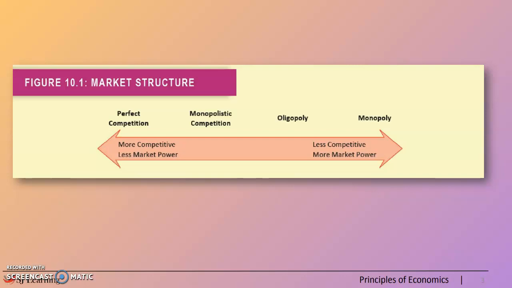We have four types of market structure. Actually, it's only two types: the first one is the perfect market, and the other one is the imperfect market.